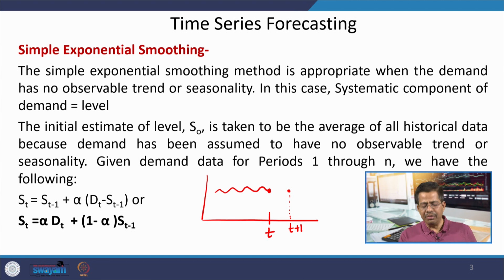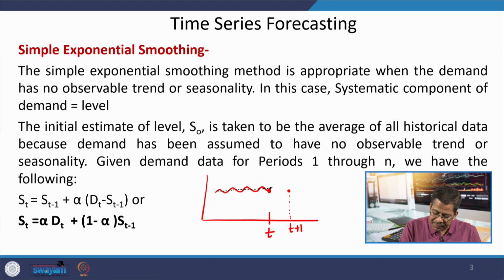Now, as we have already discussed, any demand data has two components. One component we call the level component, because this data also consists of, let us say, this dotted line you see, this is the level data.